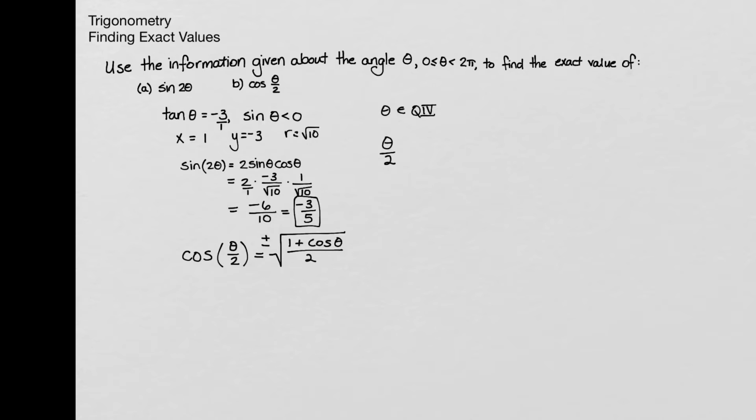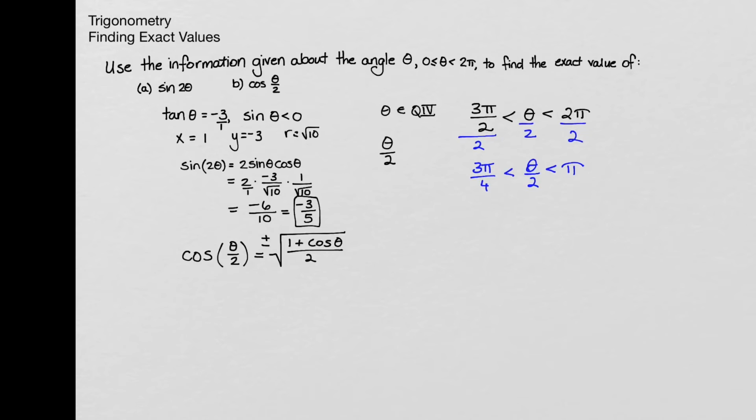So theta is in quadrant 4, which tells me that theta is between 3 pi over 2 and 2 pi. So I will divide theta by 2, do the same thing to the other sides of the inequality, and 3 pi over 2 divided in half gives me 3 pi over 4. And that's less than theta over 2, which is less than pi.